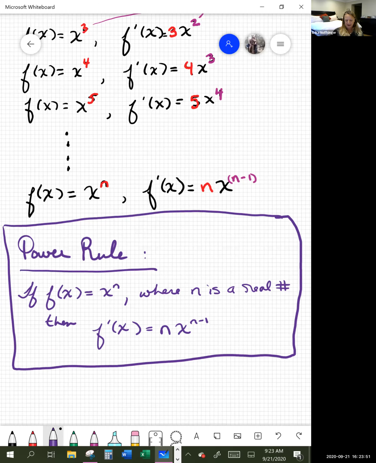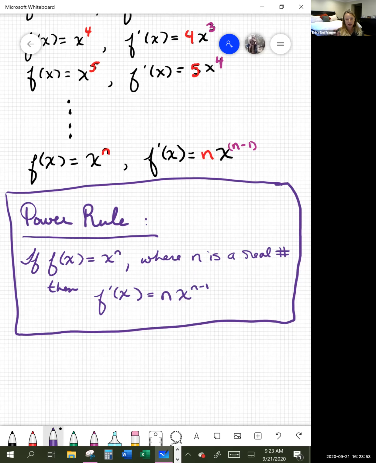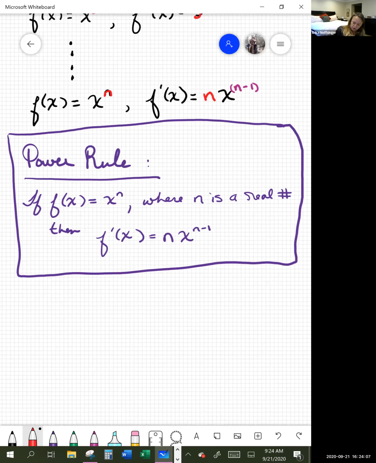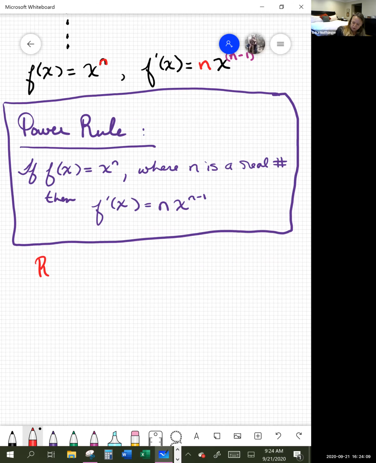So this is where it's helpful if we could rewrite things so that our exponent is a real number. And so we can do some manipulation by using rules of exponents. This is probably a good place to bring in the rules of exponents.